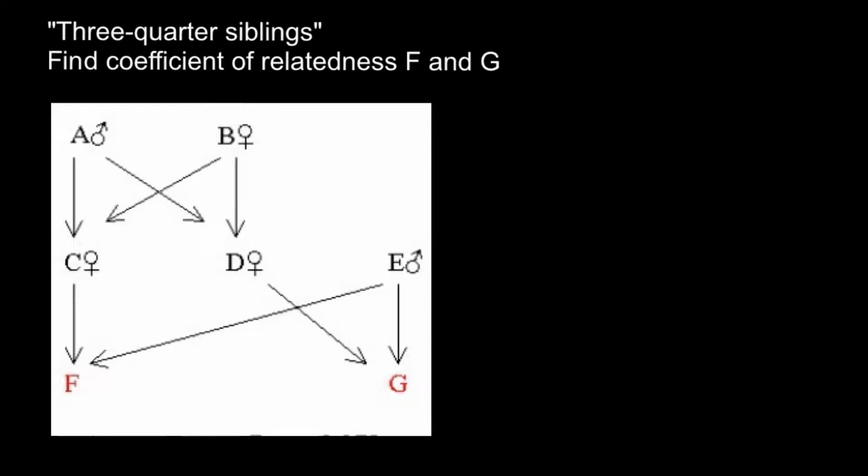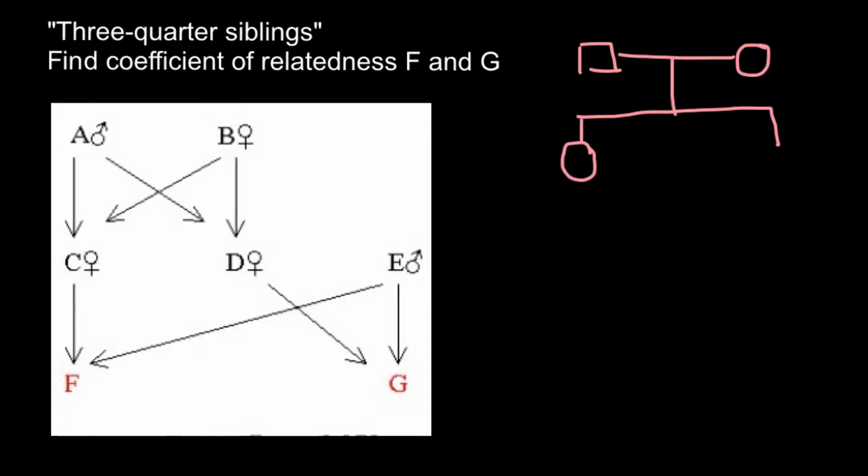If you want, I can redraw this pedigree into something you are used to from textbooks. So we have a couple here. This couple has two children. These are sisters, full siblings, and these two sisters marry the same male, not necessarily simultaneously, I'm joking.